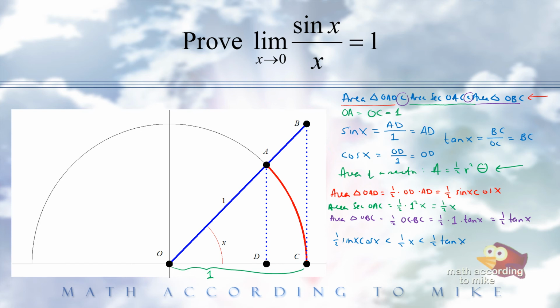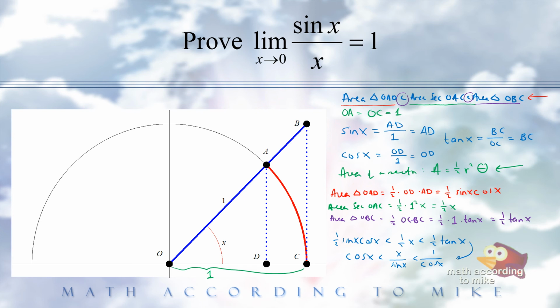And if we divided everything by sine, and we're allowed to do this because sine is positive, we would get the following. As I'm writing this, I want you to think about why we know sine is positive. The last one here, if we do tangent divided by sine, the sines would cancel, but remember that tangent is sine over cosine, so that gives you 1 over cosine. Don't forget the 1.